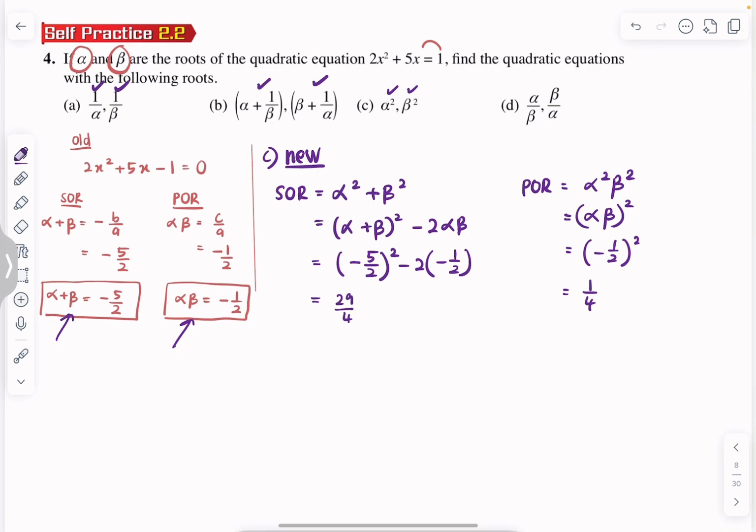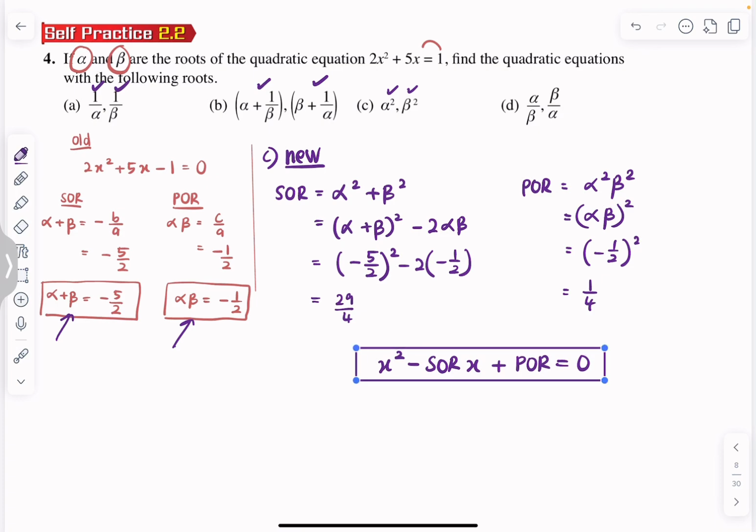Okay, now we can write our equation. This is the general equation. So our equation will be x square minus SOR x plus POR. But we don't like denominators, or we don't like fractions, so we times the whole thing by 4.